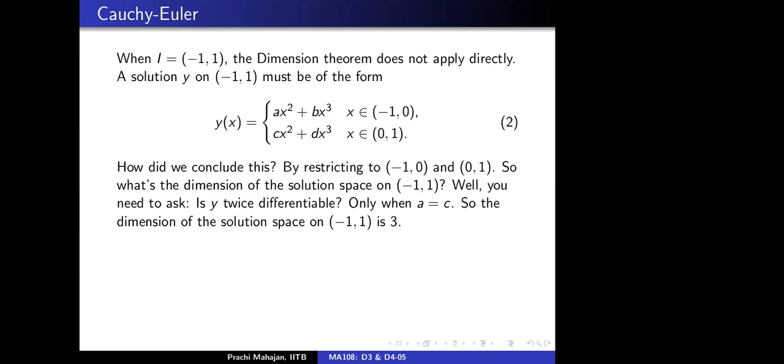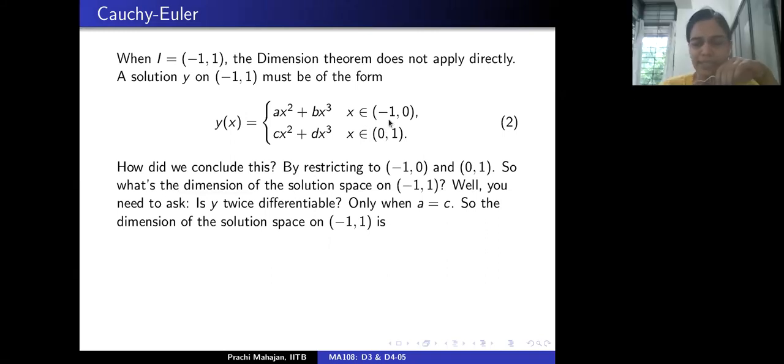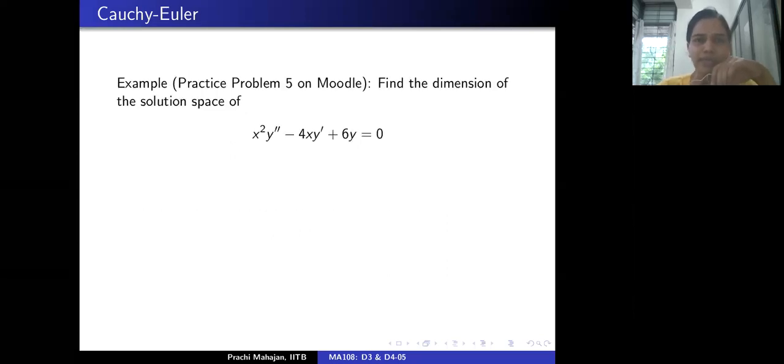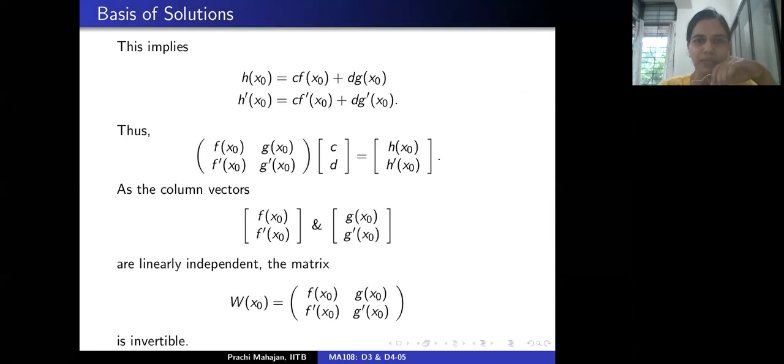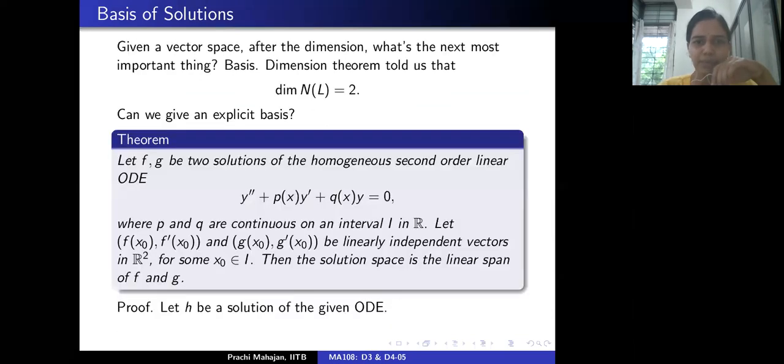Ma'am, what do you mean by solution space? I'm confused over that. Solution space means the set of solutions forms a vector space, so that's why I'm saying solution space. Or you can look at it this way: let me go back to that slide.